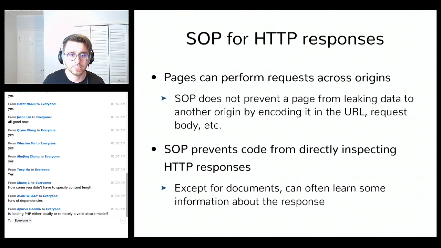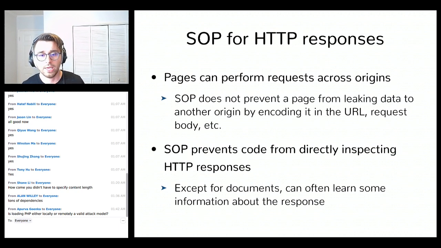What the same origin policy does say is, when you get a response from a server, whether or not you're allowed to look at that response. And this depends on the actual response type. So the short of it is that except for documents, when you get responses, you can learn some information about the response.